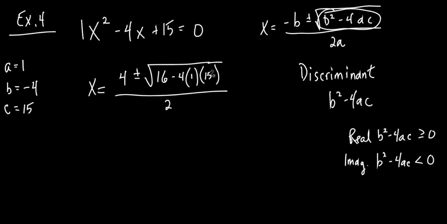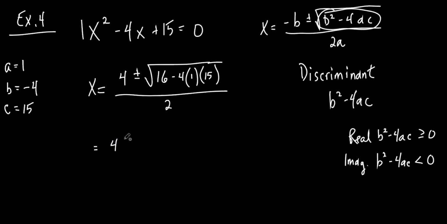Because 4 times 15, what's that? 60, right? 16 minus 60, it's going to be a negative number. So are we going to get real number answers? Nope, we're going to get imaginary. We're going to get an i in there somewhere. So that's always nice to be able to see. You with me on that? You didn't have to know that, but I think it's good to see. All right, let's keep going.